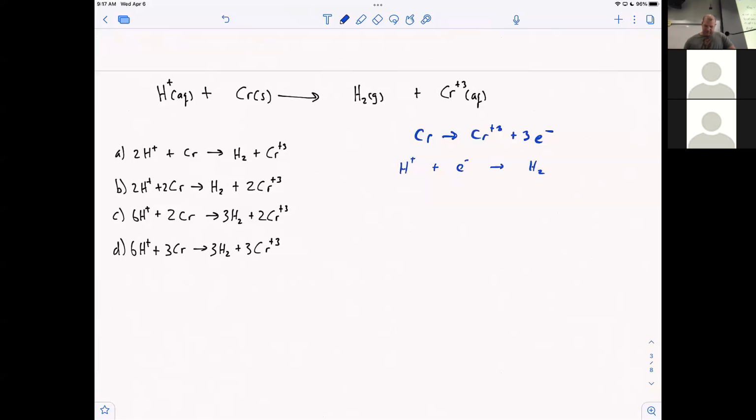So you can do it 2 ways. You're balancing electrons here. You're going to go hydrogen ion plus 2 electrons makes H2, or you can do it that way. I like to think in whole numbers. Both of those are equivalent.